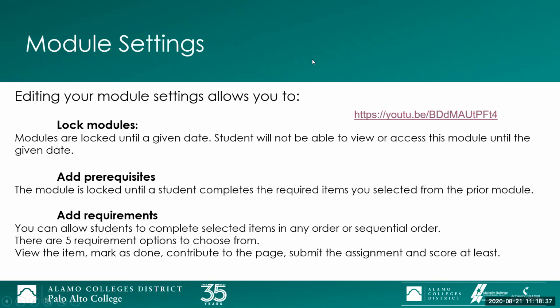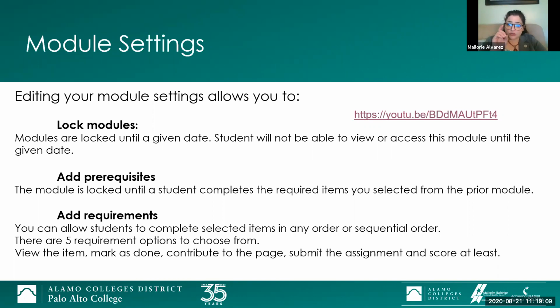No, what I was saying is, is locking modules the same as publish or unpublish? Oh, no, no, no. When you unpublish, the student can't see it. If you remember in that YouTube video, I was giving you the student view, and they could see everything in my module 1, but the only thing available for them to click on was the overview page because I had set my modules to unlock in sequential order.